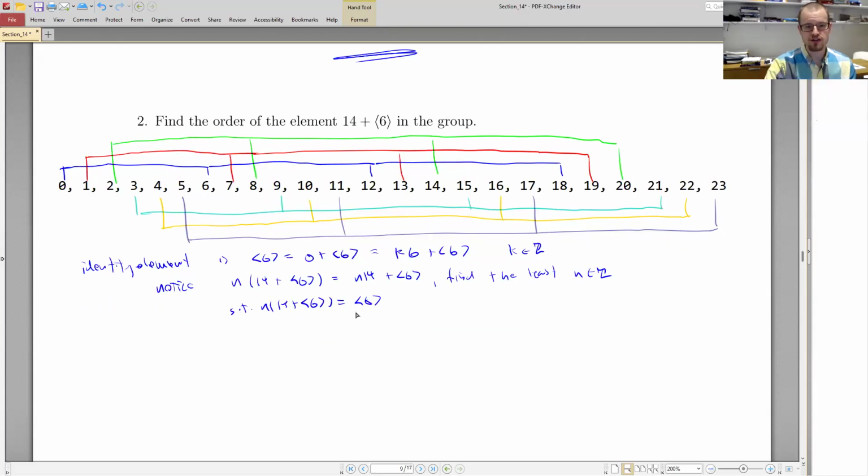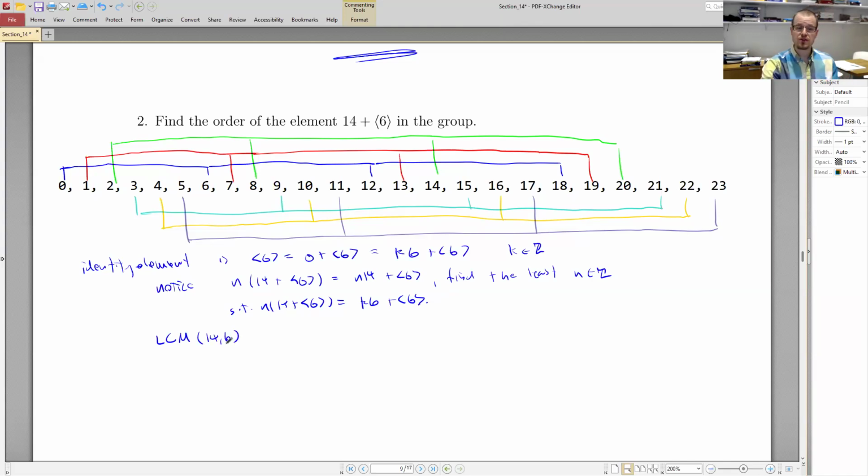Now, I'm really looking for this to be k times 6 plus what's generated by 6. To find the least, I just need the least common multiple of my two numbers, n times 14 and k times 6. I'm looking for the least common multiple of 14 and 6.